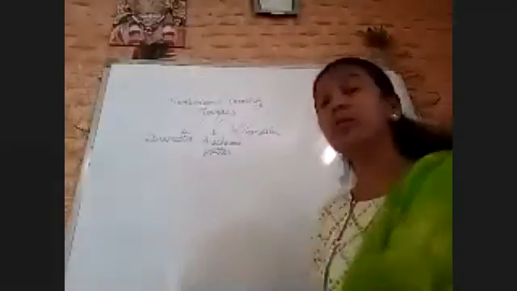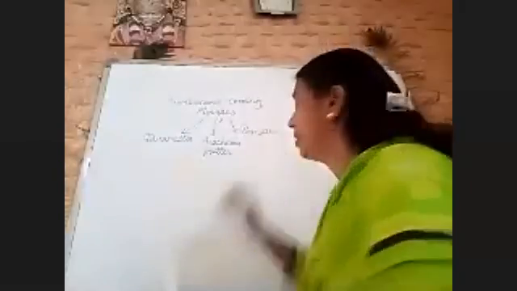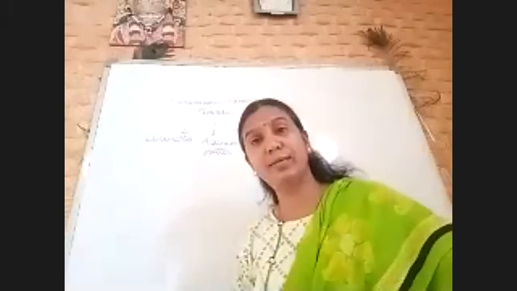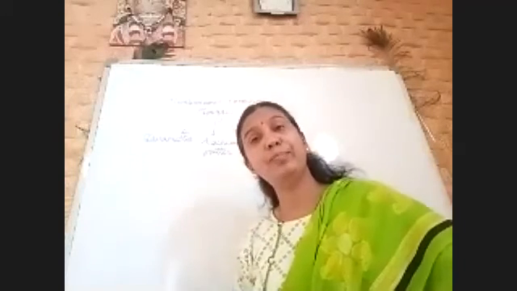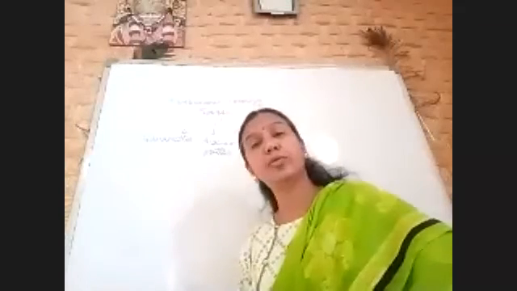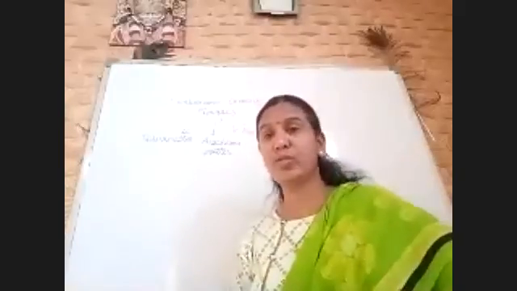So it is protective, but it is also nutritive in function. And pia mater is made up of vascular tissue, so blood vessels are there. It is very thin, and it is nutritive in function.